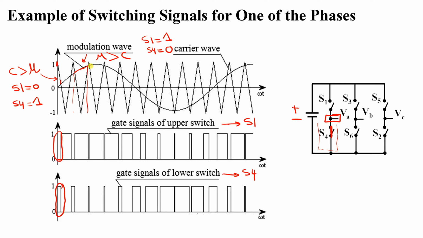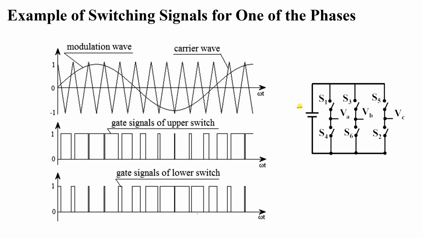Looking at this region here, going down here, this is the corresponding one. So it is on for S1 and S4 will be off. This is translated like this: on, and this one is off, open circuit. You can see that VA is connected to the positive of the supply. So you are switching on and off, on and off, and so on.